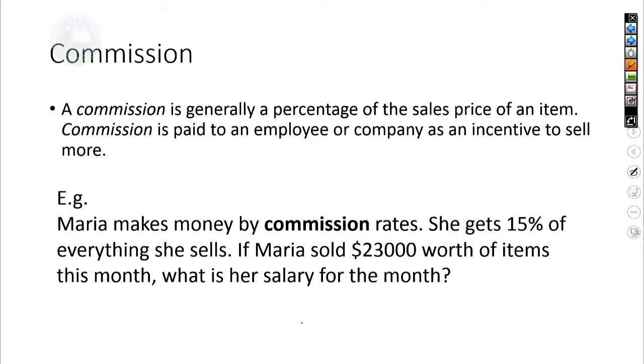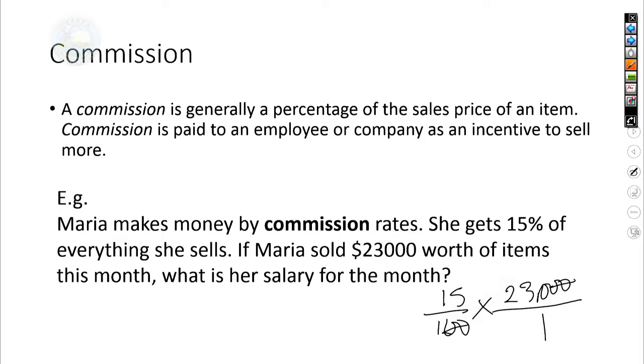So to find out how much she made, we will just have to find 15% of, and generally speaking, of represents a multiplication in mathematics, the total amount of sales she would have made, which is $23,000.